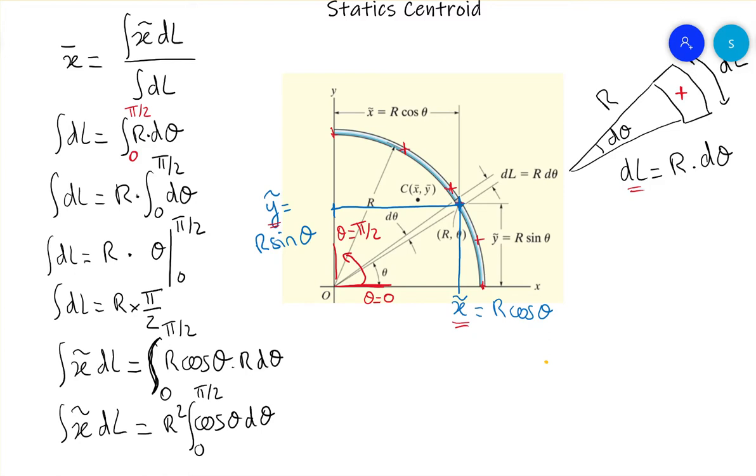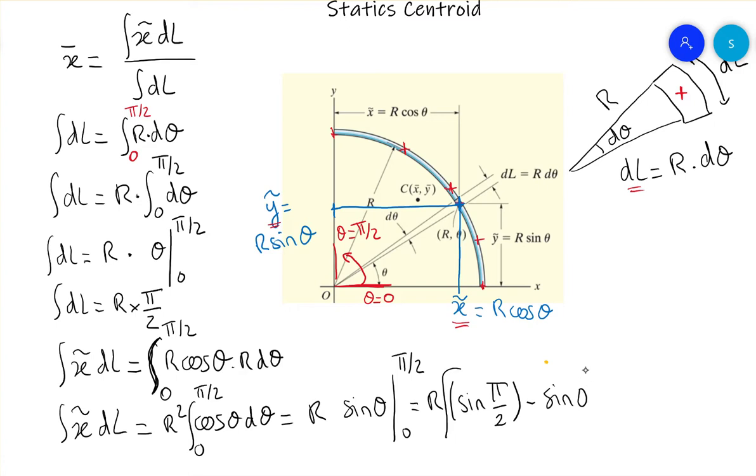The integral of cosine theta is sine theta, so we have r square times sine theta from 0 to pi divided by 2, which is r square times the sine of pi divided by 2 minus the sine of 0. The sine of pi divided by 2 is 1, and the sine of 0 is 0, so it's equal to r square times 1.